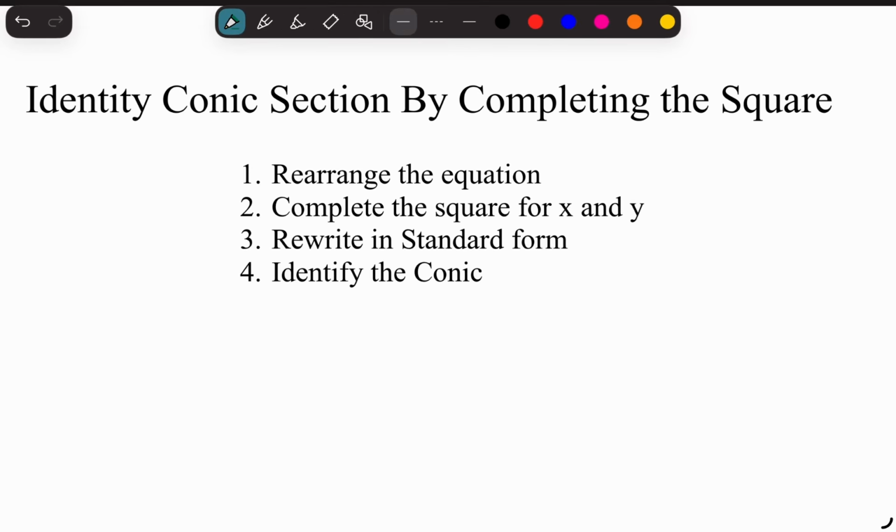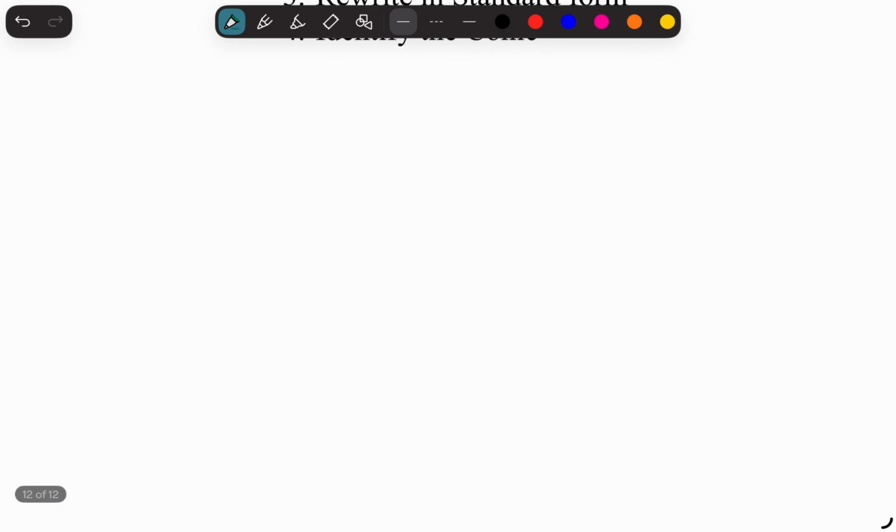In this video, we're going to identify conic sections by completing the square of the equation of the general form that we're given. In general, a conic section can have a general form that is not directly in a form where it is obvious which type of conic section it is.